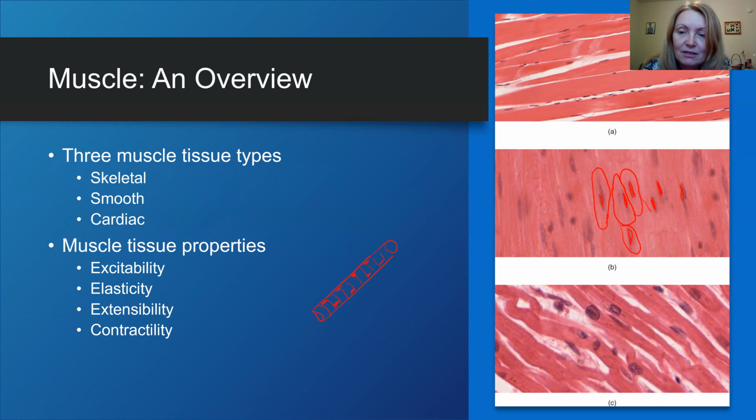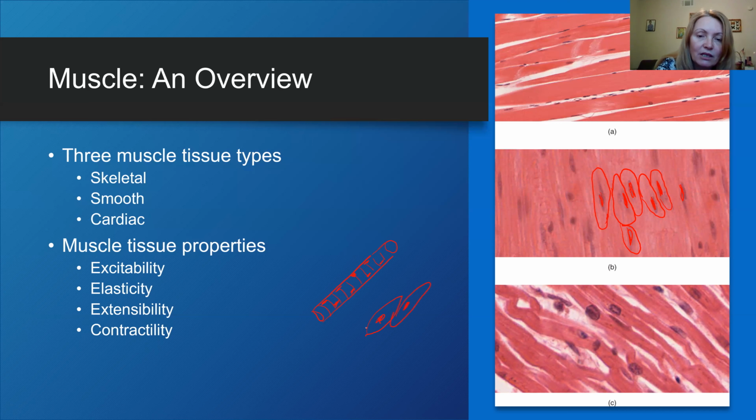All this pink stuff that you see on the slide are actually proteins inside the cells. And we do have some connective tissue in between. Connective tissue is pretty much found everywhere. So smooth muscle cells are spindle-shaped like this.